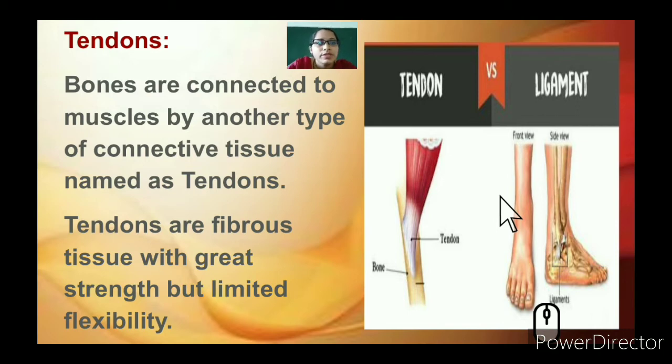This connective tissue which connects the bones to the muscles is known as a tendon. They are fibrous tissue and have great strength, but they have very limited flexibility compared with the ligament. Ligaments have much flexibility because they help to move the elbows, thigh, knees, etc. That cannot happen with tendons, which are fibrous in nature.